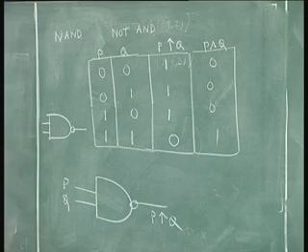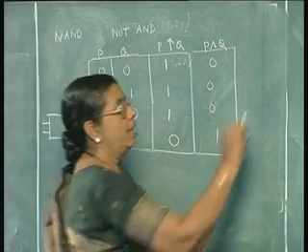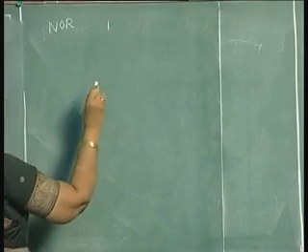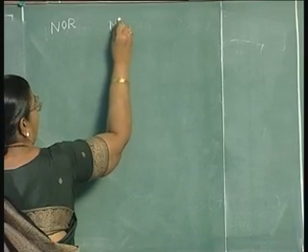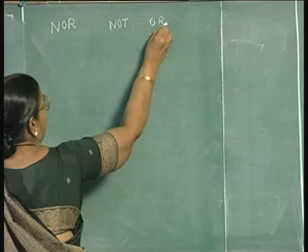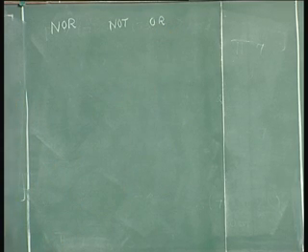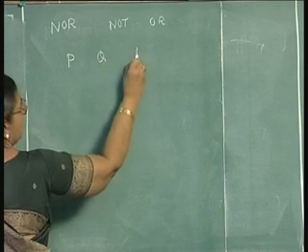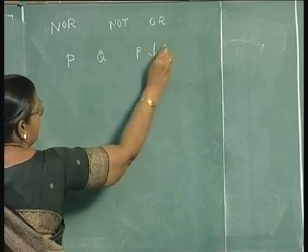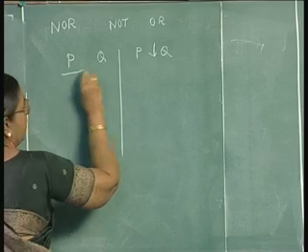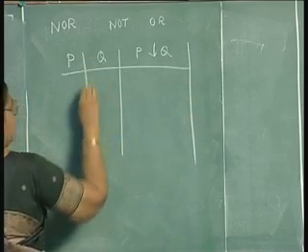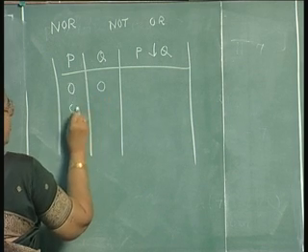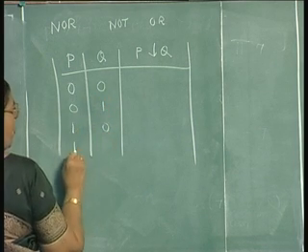We also have another gate, NOR, which represents not OR. The truth table for that will be like this: P Q. This is sometimes represented by this notation. Again we have possibilities 0 0, 0 1, 1 0, 1 1.